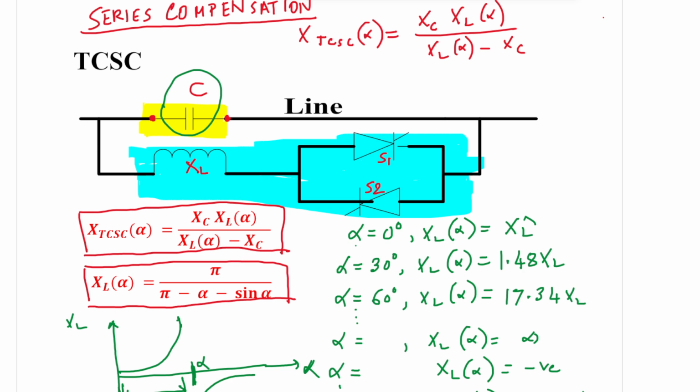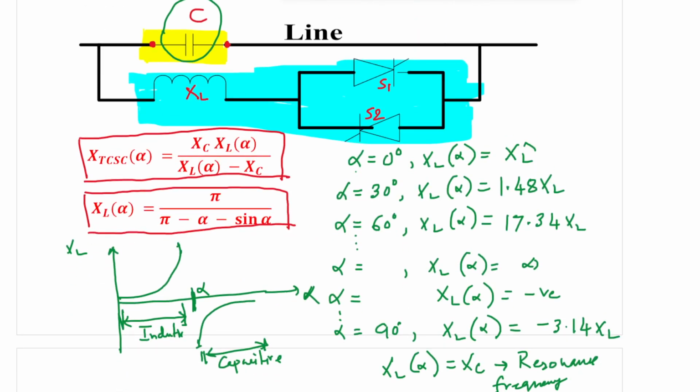Basically it is a tunable parallel LC circuit which offers variable reactance in series with the line, and this totally depends on the angle alpha, that means the firing angle of these two back-to-back connected SCRs. This is the working principle of TCSC, that means thyristor controlled series capacitor.